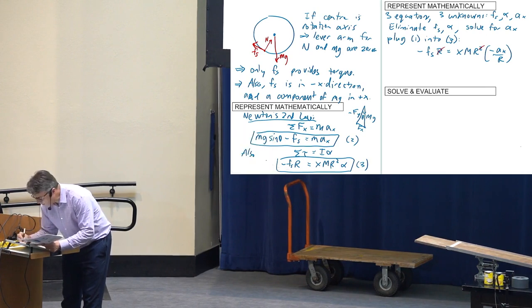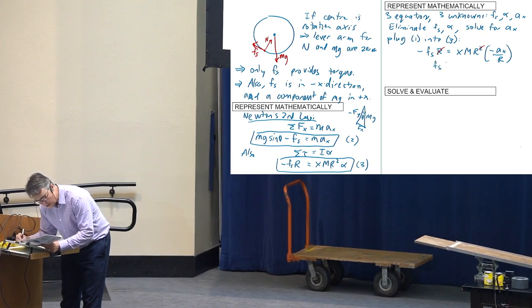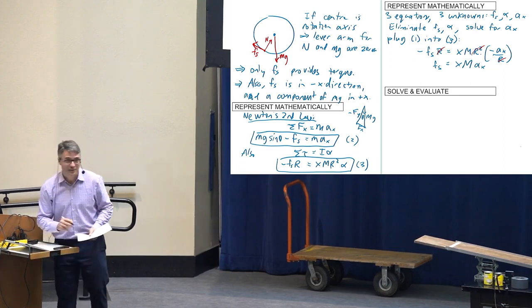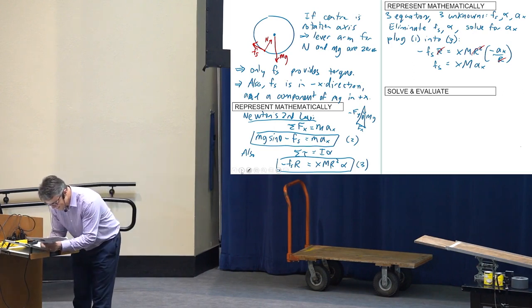And the negatives cancel out, so I just get f sub s is equal to x times m times a sub x. This r canceled this squared, and this r canceled that r. Anyway, hopefully you get it. Okay, I think I'm right.